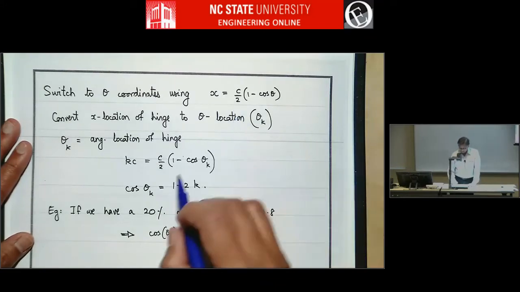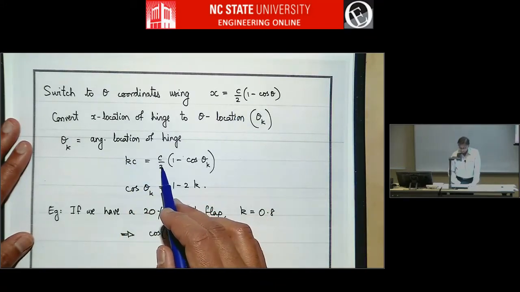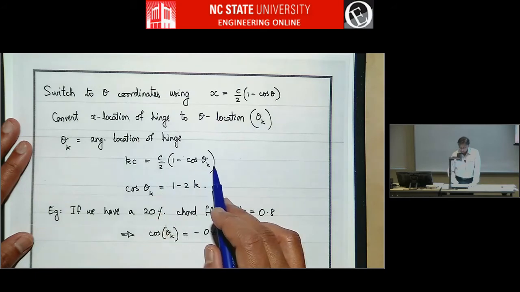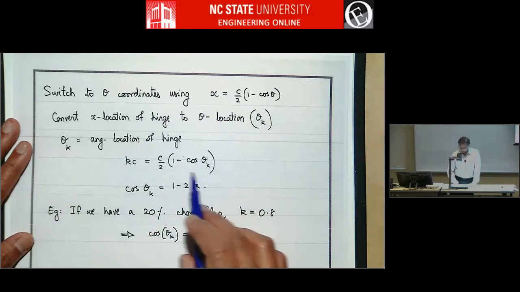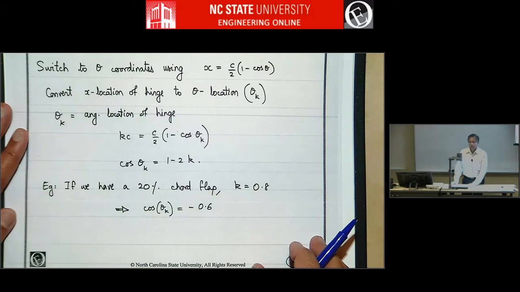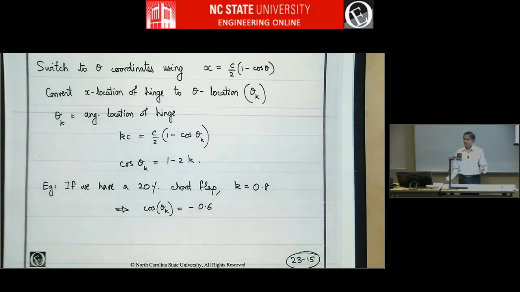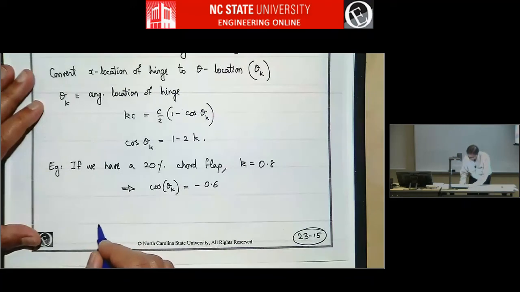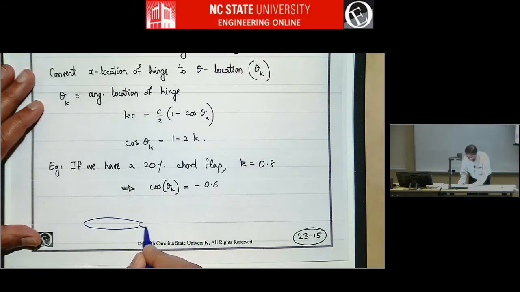And so to get that, we say x, which is kc, equals c over 2 times 1 minus cosine theta k. And so cosine theta k is 1 minus 2 times k. So as an example, if you have a 20% chord flap, and this is terminology that might confuse people, especially if you have not done aerospace engineering in undergrad. So when we say 20% chord flap, that means the flap is 20% of the whole chord. And usually you think of the hinge line as the extent.